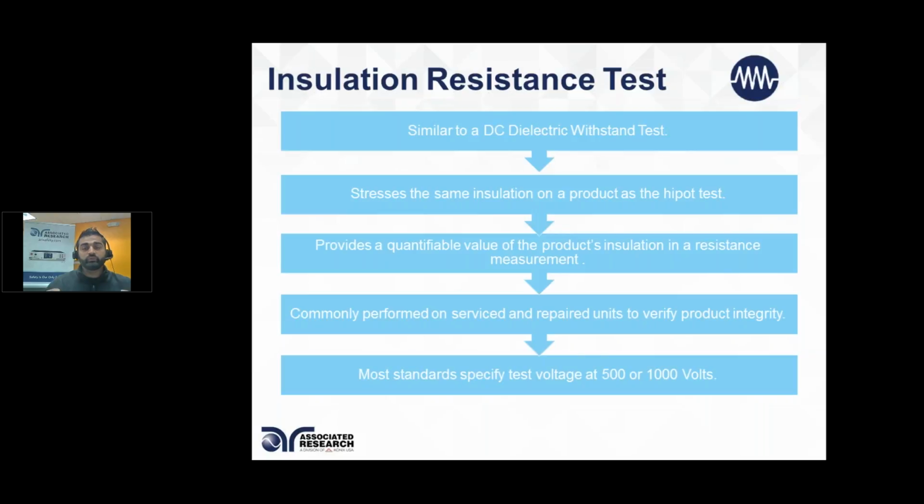But there's going to come a time when the wear and tear on the motor starts creating breakdowns in your insulation. So if you're doing a yearly IR test on this motor, you're going to see a sharp drop off in the insulation resistance value. Instead of being 50 megaohms, it's going to start going down to 40, 20, and all of a sudden you're going to see it go down to 10 or even less, 5 megaohms.